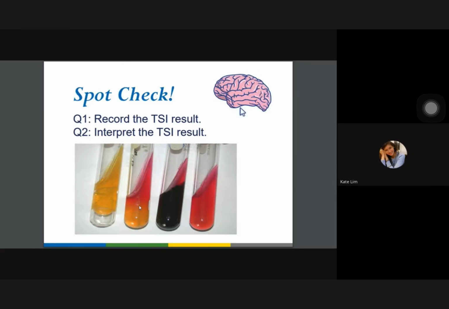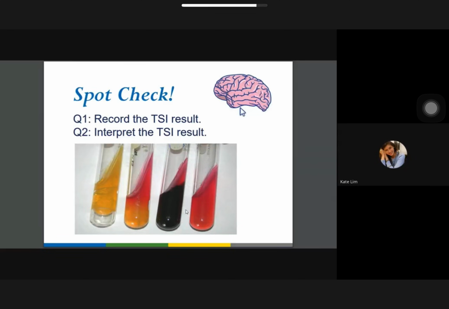How about your third tube? For the third tube, on the slant, it's K. How about the bottom portion? That is still K, but it is obstructed. But during your moving exam, you're allowed to check the setup for the tubes. So for the slant, that would be K. How about the butt?